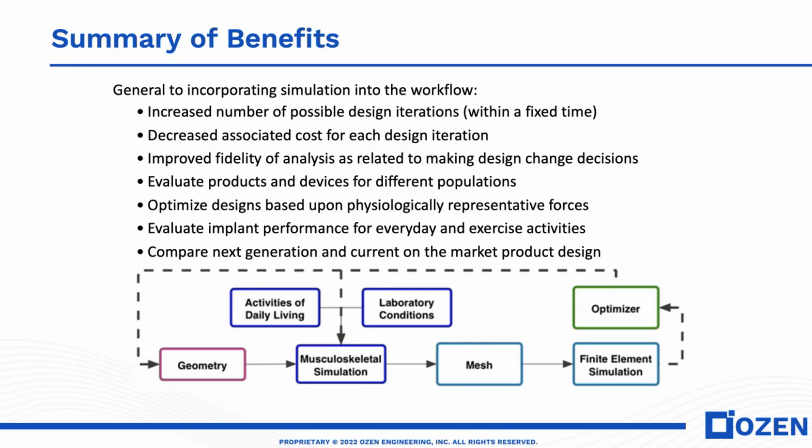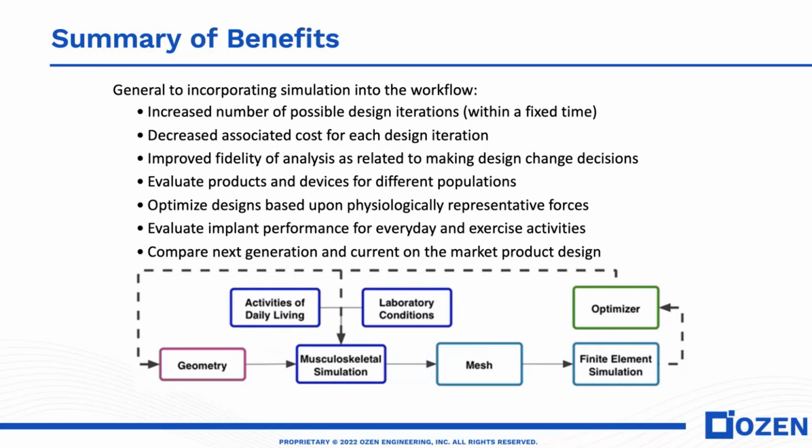So how is this going to help the design and the company? With the procedure that's outlined here at the bottom of the page, you can actually increase the number of possible design iterations. You can look into a lot more different cases within a fixed amount of time.